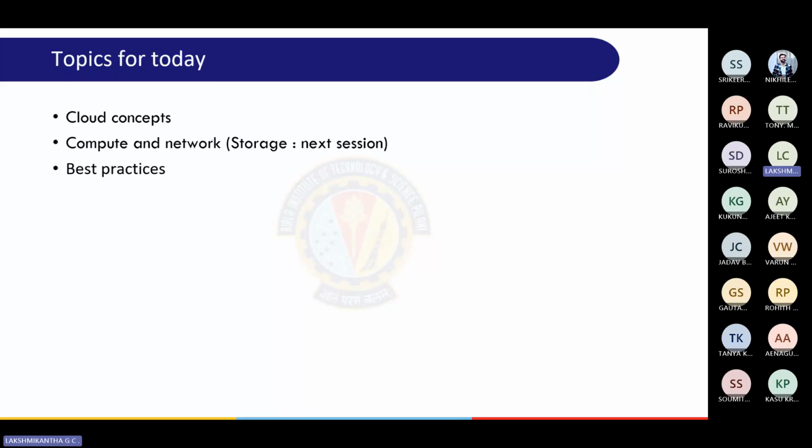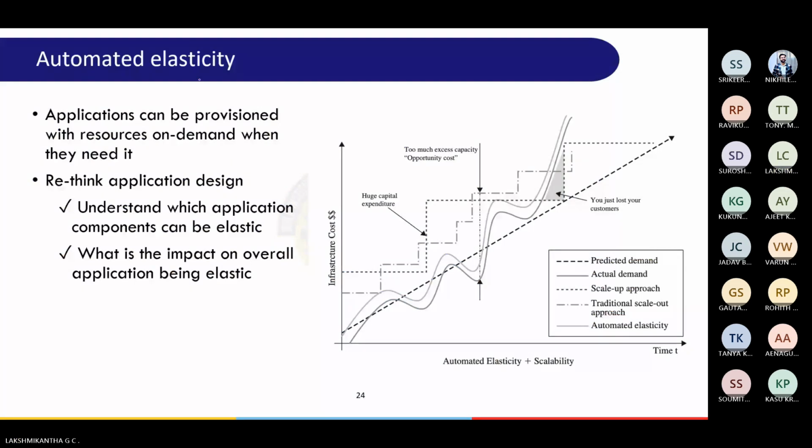Okay, so we start with the most important characteristic of cloud, guys. What is the most important characteristic of cloud? That is nothing but elasticity. We are starting with automated elasticity first. Guys, automated elasticity is what distinguishes cloud applications from traditional applications. Correct, no?